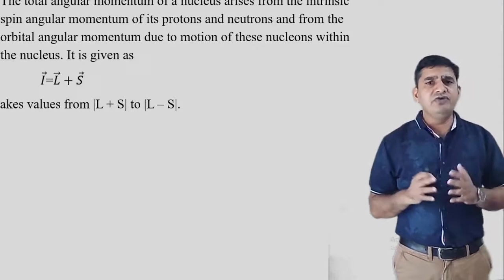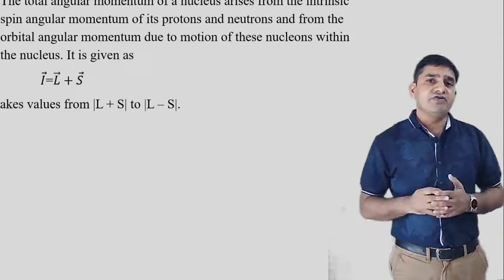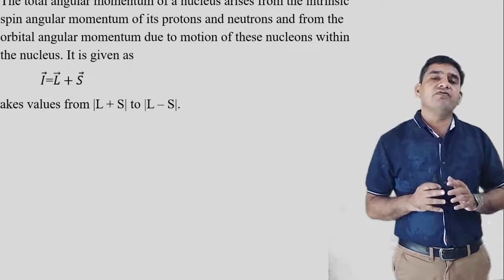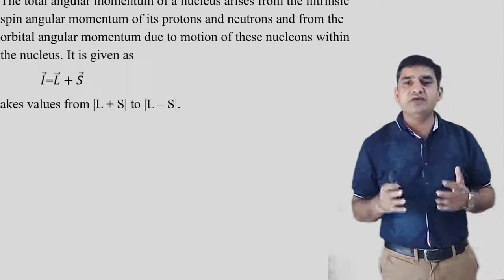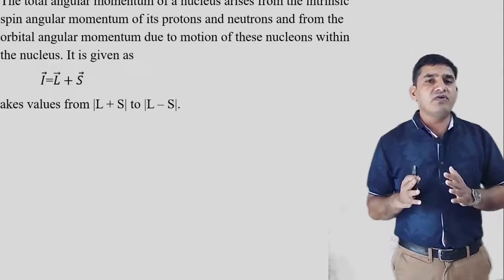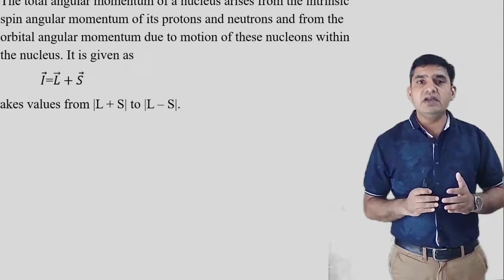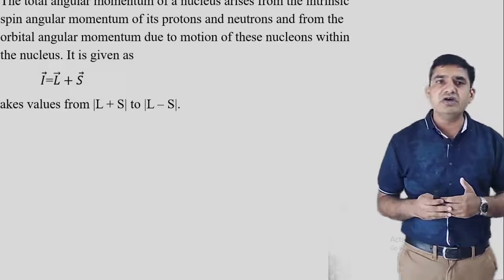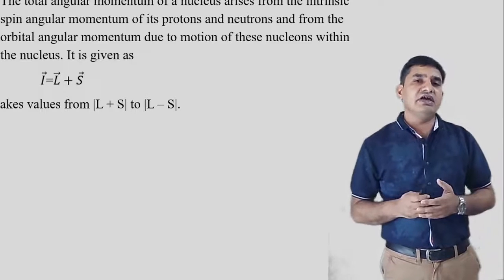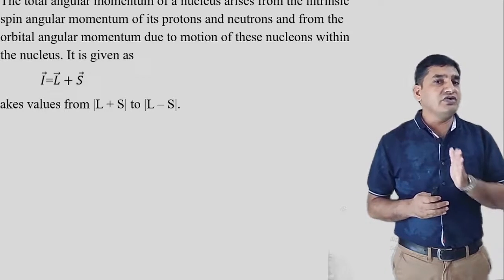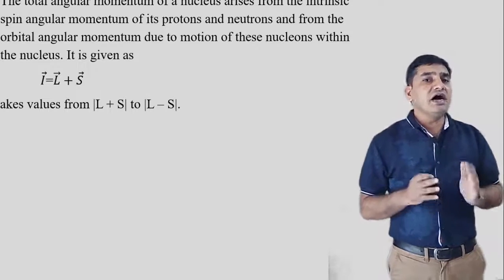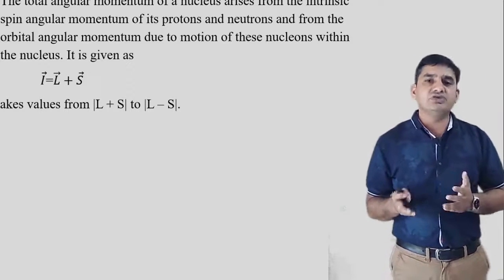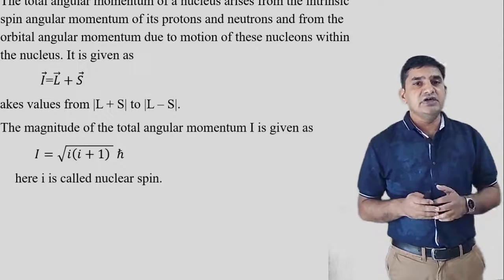Total angular momentum of a nucleon arises from the intrinsic spin angular momentum of its proton and neutron, and from the orbital angular momentum due to the motion of these nucleons within the nucleus, and it is given as I bar equal to L bar plus S bar. I takes the value from L plus S to L minus S.